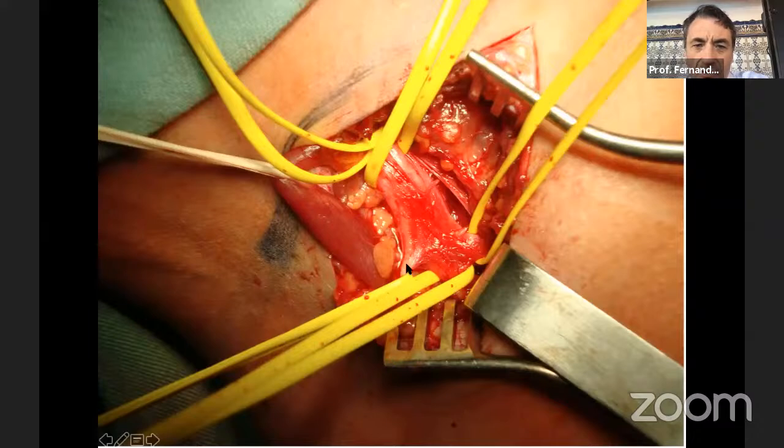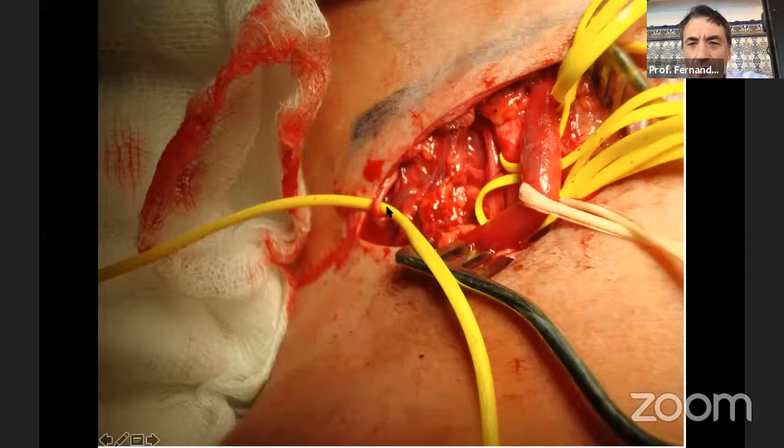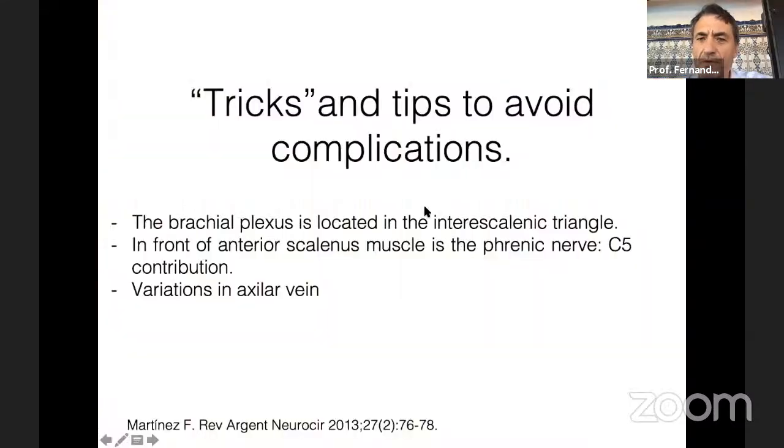So remember the location of the suprascapular nerve here in relationship with the omohyoid muscle, and look at the location of the accessory spinal nerve. Suprascapular nerve is located here. Spinal accessory nerve is located here. It allows us to perform a neurotization from spinal to suprascapular nerve.